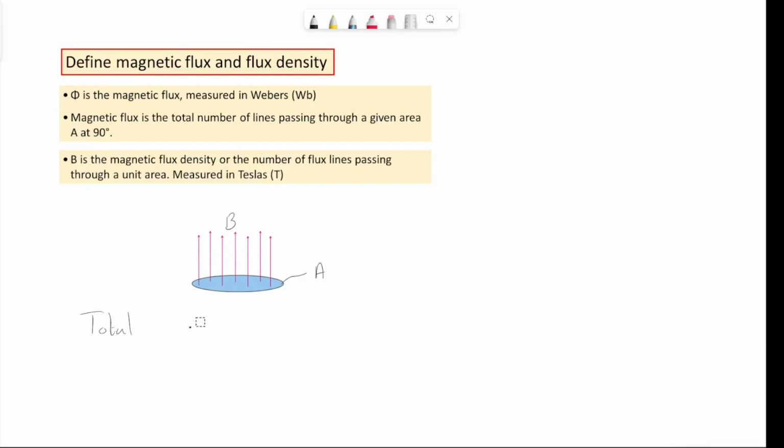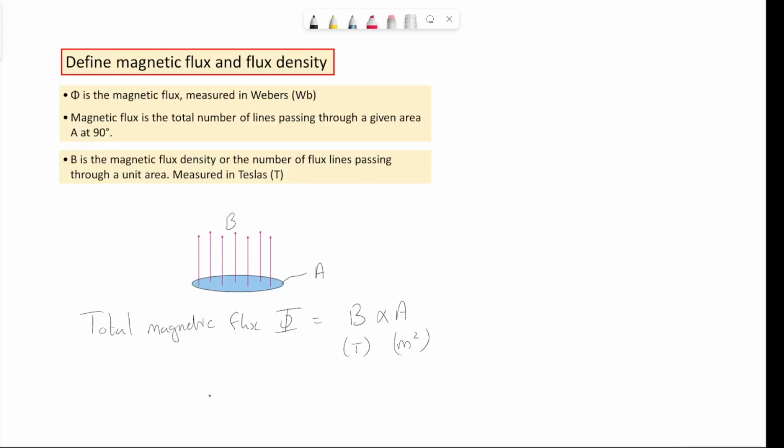Then the total magnetic flux will be equal to B times A, where B is measured in Teslas and A is measured in meters squared.